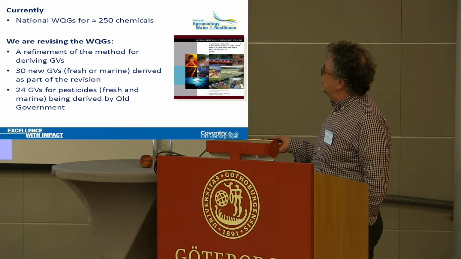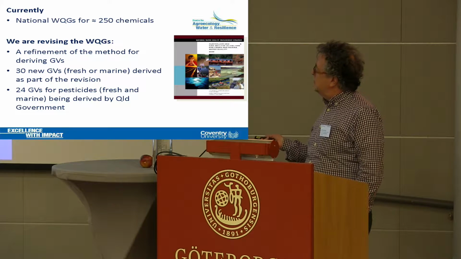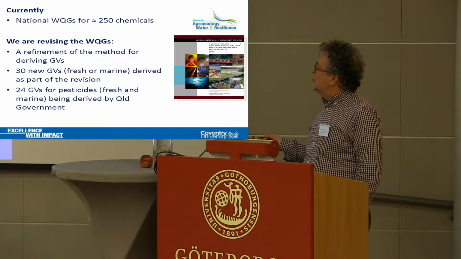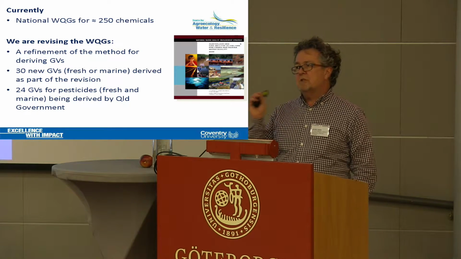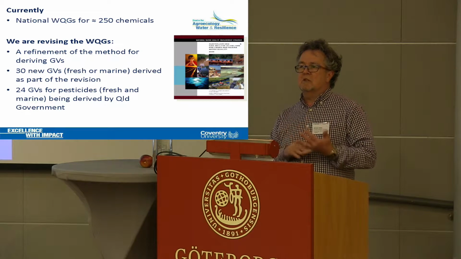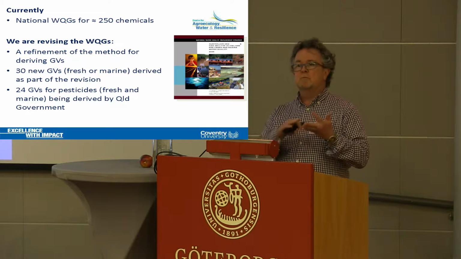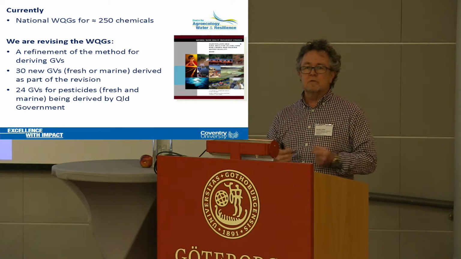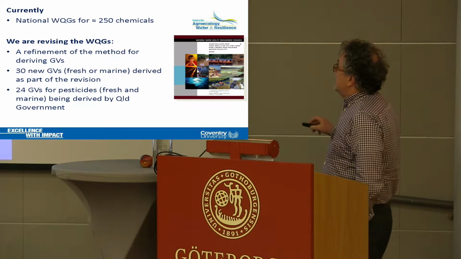As part of the official revision, we're deriving guideline values for 30 new chemicals. They're either in fresh or marine environments, and those chemicals were identified by consulting various stakeholders, such as the various state and federal environment protection agencies, primary industry departments, and those sorts of organisations, and also NGOs.